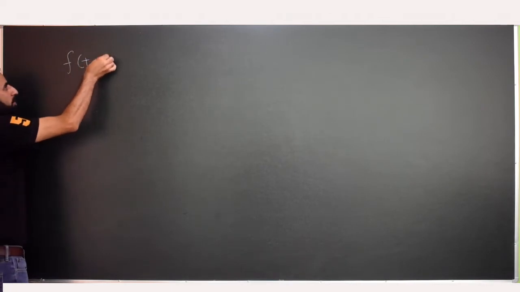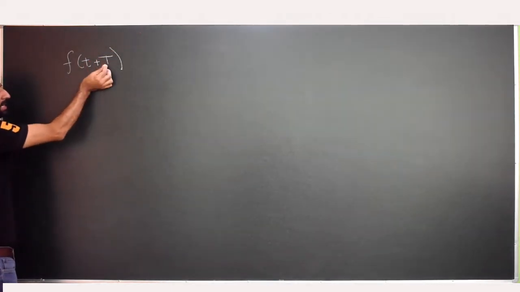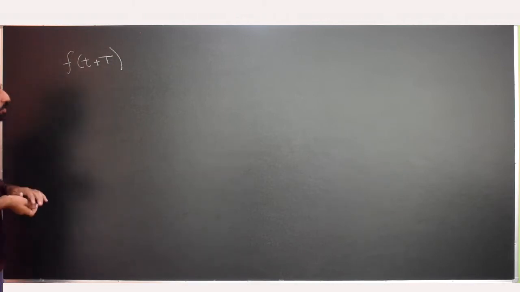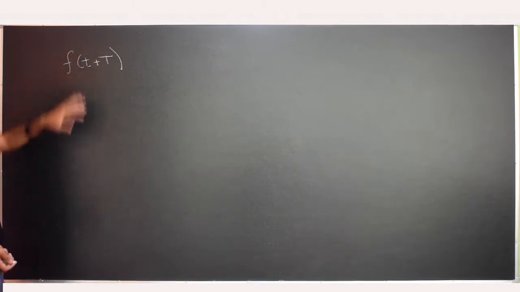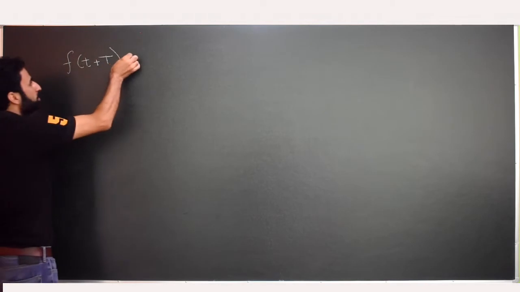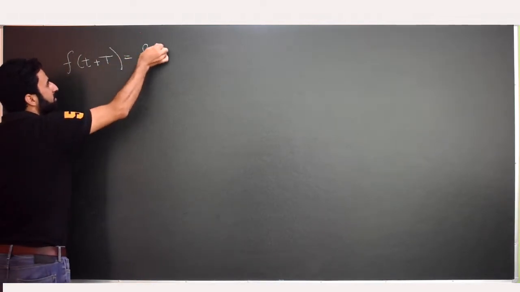Now let's have once again the mathematical analysis of this periodic function. If the function is periodic, then f of t plus capital T, remember capital T is the time period of periodic motion and small t is any time interval, should be equal to f of t.